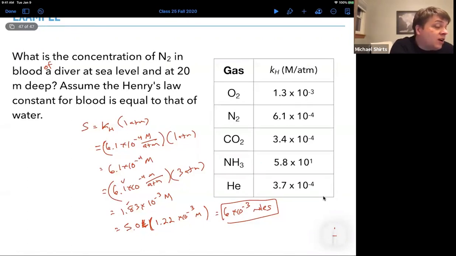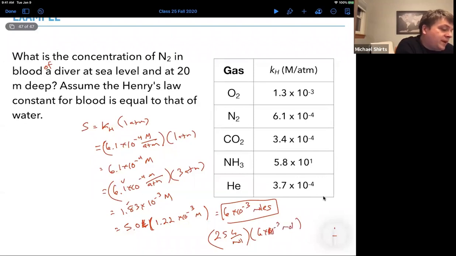So how large a volume is that? Well, at room temperature, let's say you swim up to the surface, let's just ballpark it, you're probably in the Caribbean, maybe it's 30, 35 degrees or so. So maybe it's about 25 liters per mole of gas. 25 liters per mole times 6 times 10 to the minus 3 moles.